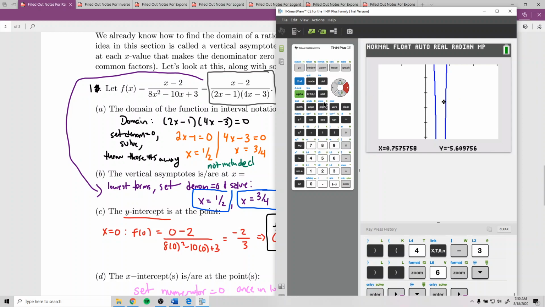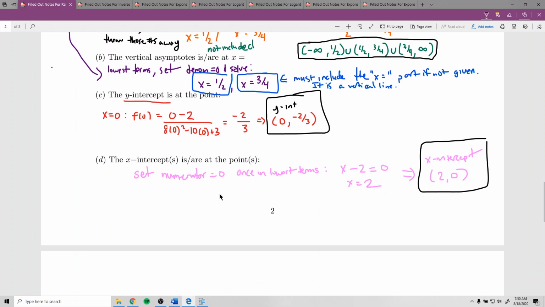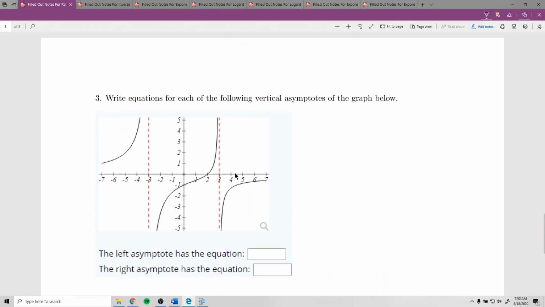Or you can't necessarily see that the calculator is not showing you something. So don't expect to be able to find the vertical asymptotes just with the calculator. All right, but that's what they look like. Typically, if you're given a graph like this, they're symbolized with vertical dashed lines. And I know we've seen a problem before like this. So we've seen the vertical asymptotes before.